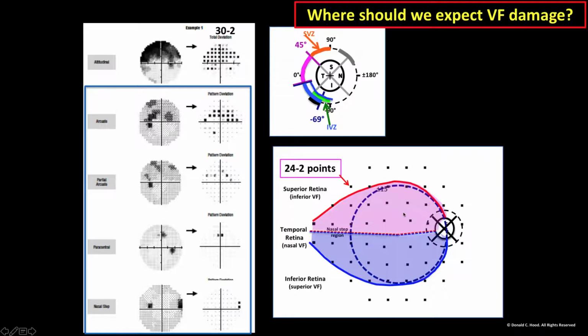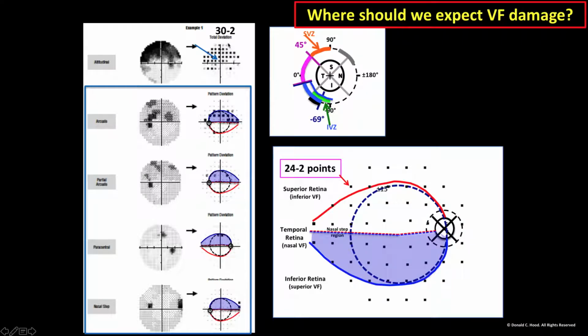All of these defects here are falling in this region here. That is, they're associated with this region here. This is retina view. Let's flip it into field view and superimpose it. So that's what the model would look like for each of these. So in each case here, the temporal half of the disc is associated with the region in blue here.